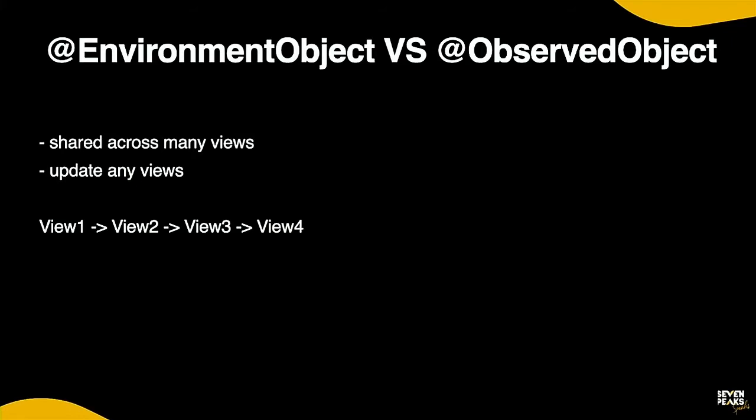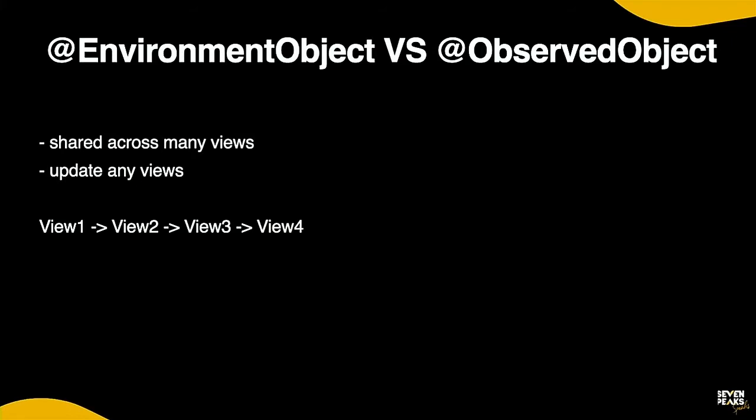What is the difference between environment object and observed object? Both can be shared across many views. Both can update any view. But if you have four views and you want to pass data from view 1 to view 4, you can use an environment object.